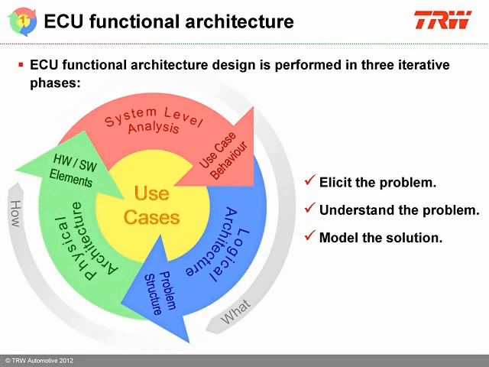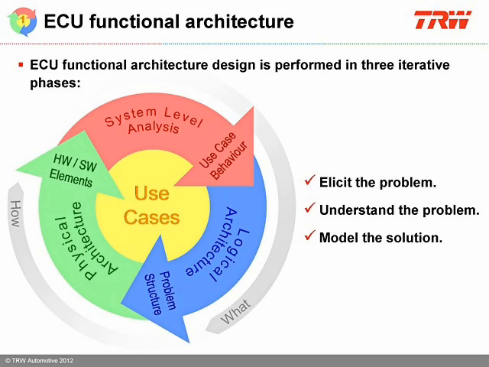The first step is ECU functional architecture and is split into three phases. System level analysis aims to elicit the problem domain from the stakeholders of the ECU using use case analysis. Logical architecture aims to ensure the problem domain is understood correctly by defining its logical structure and behaviors, in other words, what the ECU has to do.